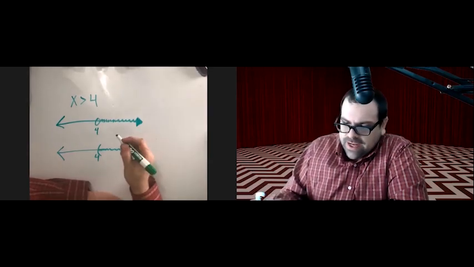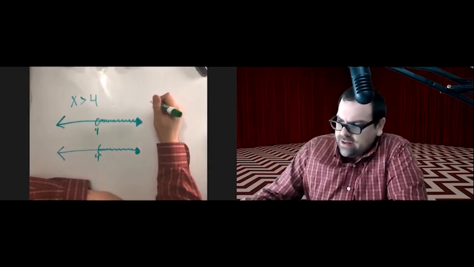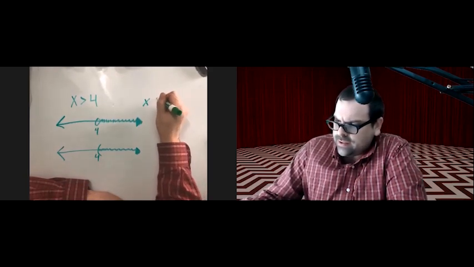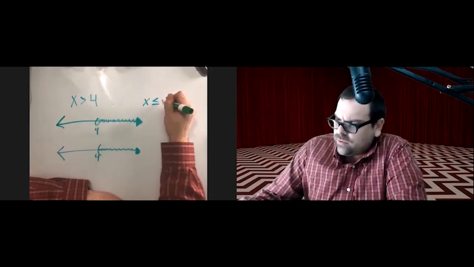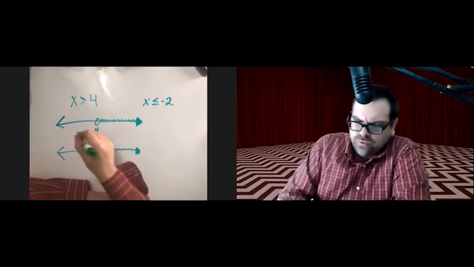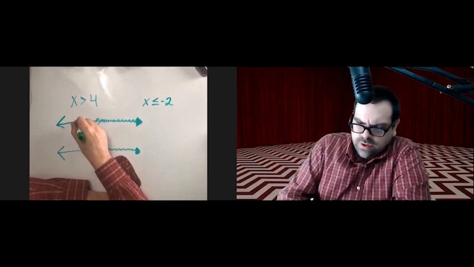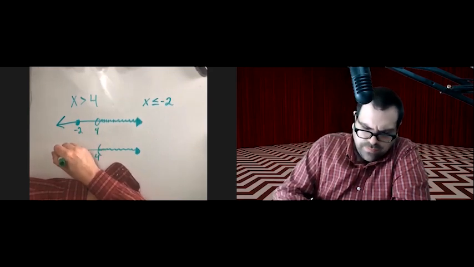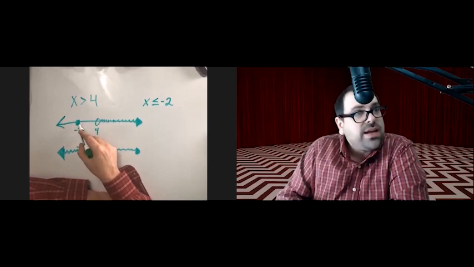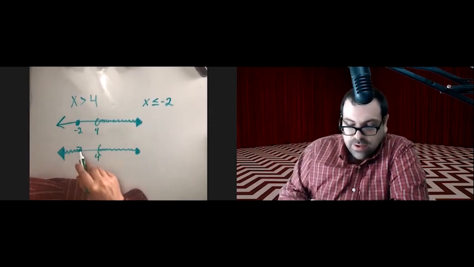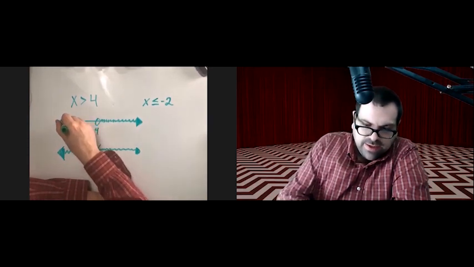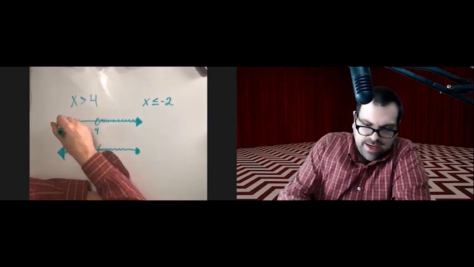We also learned that if we had x less than or equal to -2, that would be either the filled in circle point or a square bracket with everything to the left being shaded, everything less than.